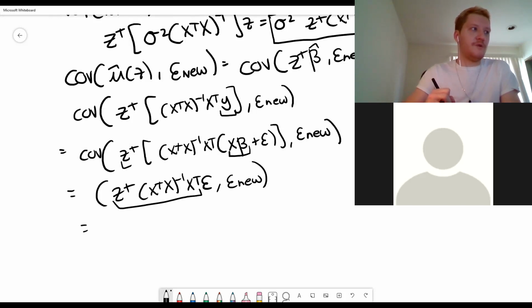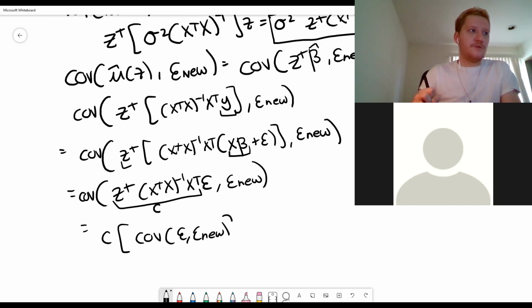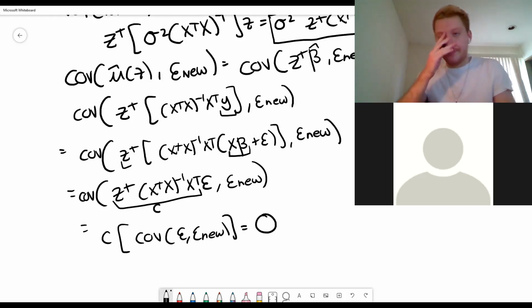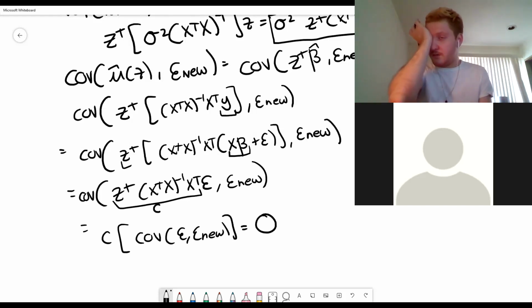So we don't even have to care about it, since it can be pulled out of the covariance. I'm just going to write this as C, so it's C times the covariance of epsilon with epsilon nu, and we already know that this is equal to 0. So they're uncorrelated.